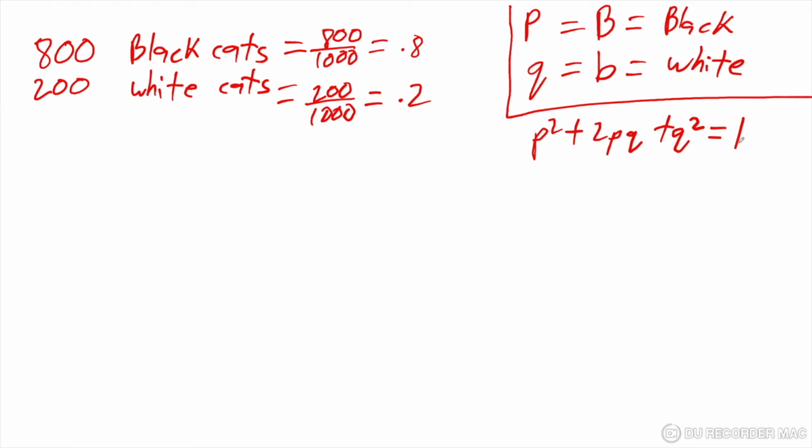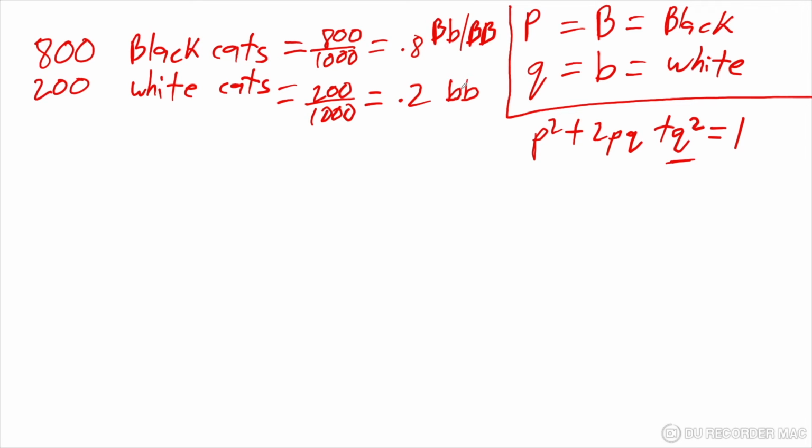From that equation, we have q squared. And remember, your black cats can either be a heterozygous organism, a big letter B and small letter b, or a homozygous organism. Both of these genotypes will code for a black cat. But for your white cat, it will only have this genotype, the smaller letter b.